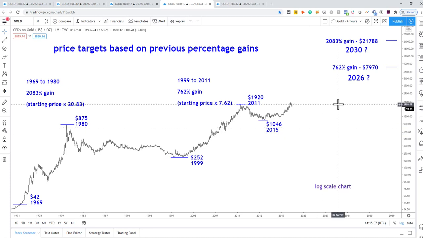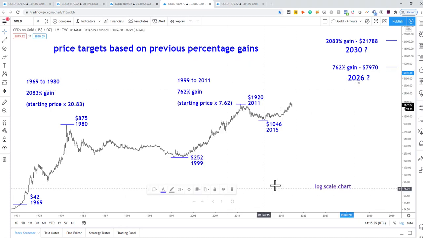If we were to get the same kind of increase on a percentage basis starting at this 1046 bottom, a 762% gain gives us a target at 7970. And I'm just, again, spitballing, and picking 2026 just because. No better reason than just because. And then a 2,000% gain gives us a target at almost 22,000. And again, I'm just picking 2030 just because.